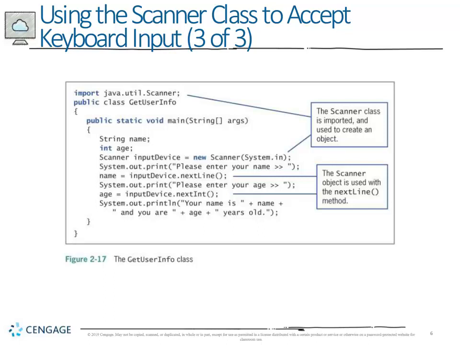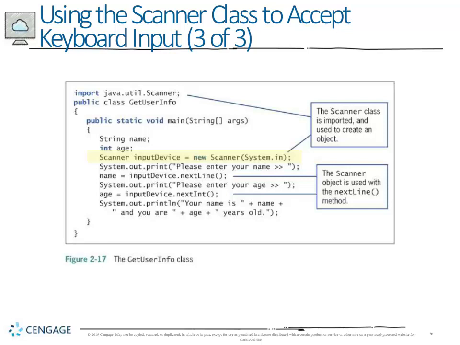Then we create an object of the class and use any of the available methods found in the Scanner class documentation. So in our program, we first create an object. So we say Scanner inputDevice equals new Scanner(System.in). So the Scanner class is imported and used to create an object.